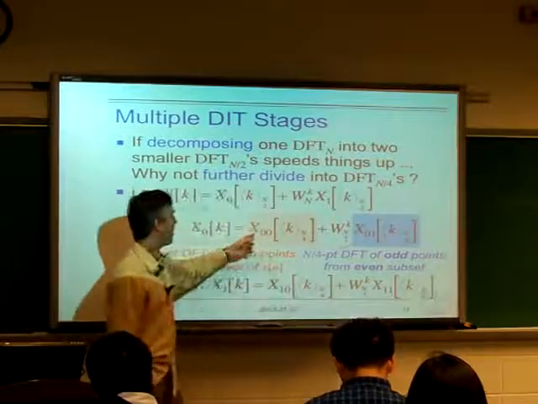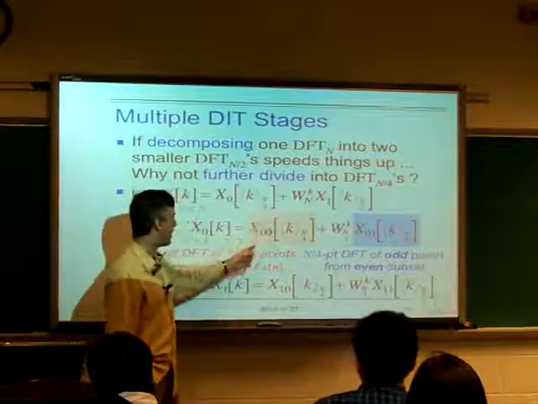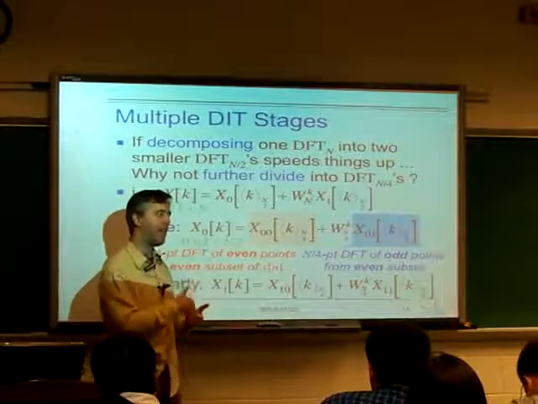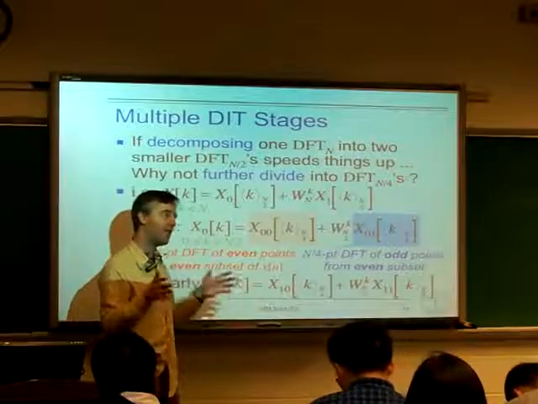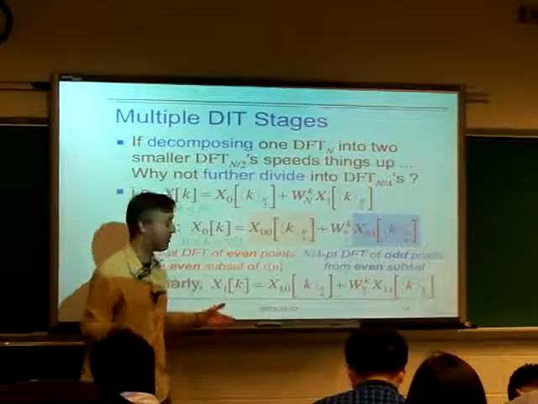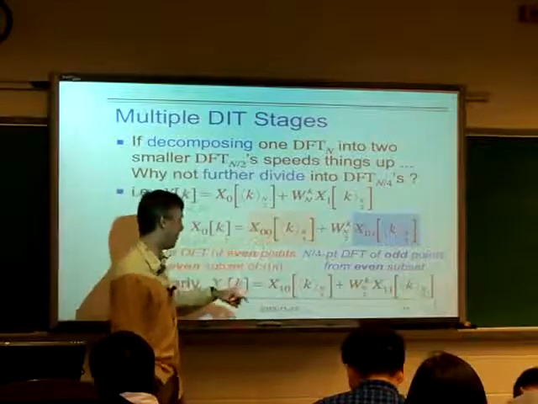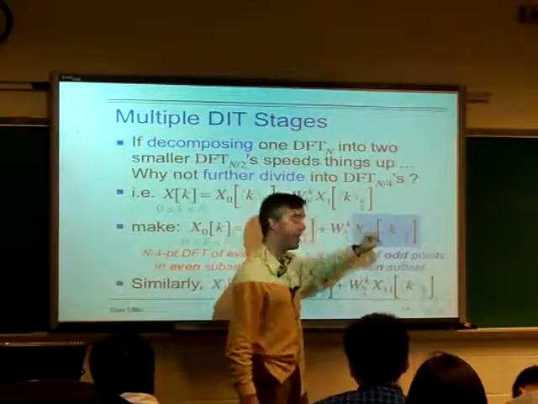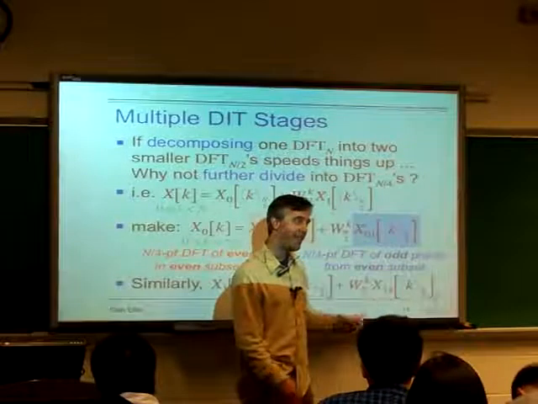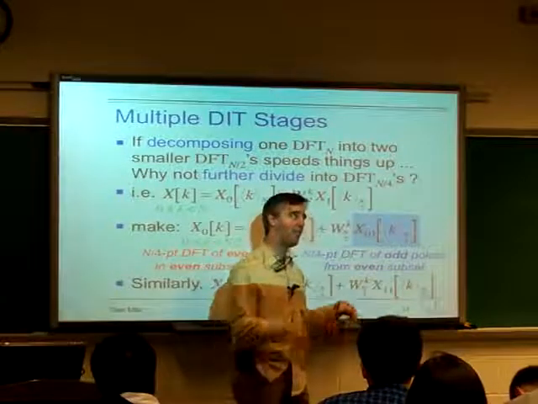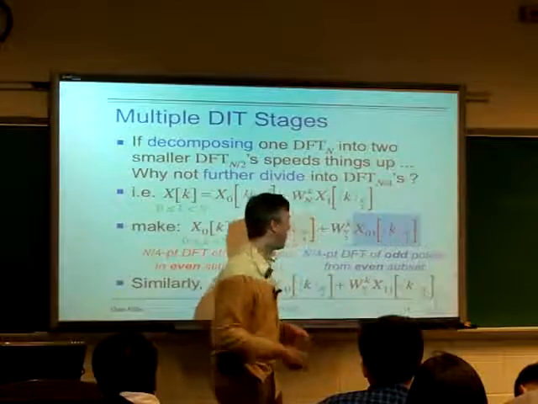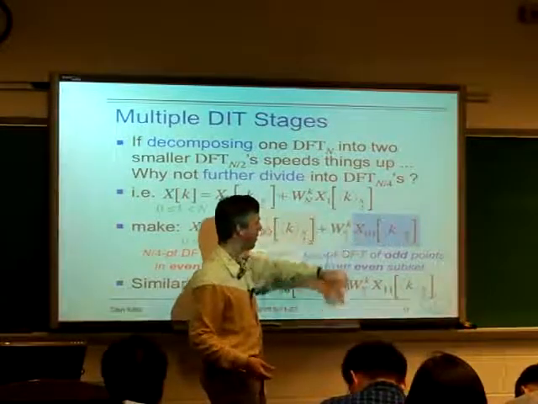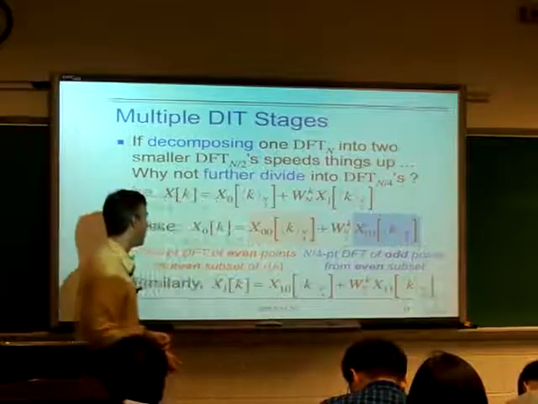This would be the N/4-point DFT of the sequence formed as the even indexed values of the even indexed values of the original sequence. So sort of doubly even here. And this is the N/4-point DFT of an N/4-point sequence, which is the odd index values of the even index values of the original sequence. We can figure out what those are, but it's slightly weird to think about what it means.